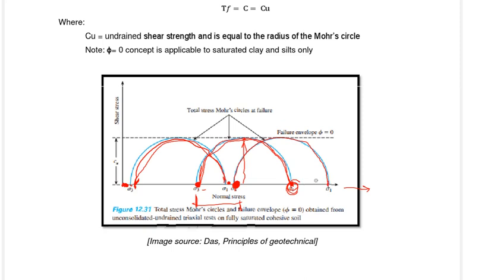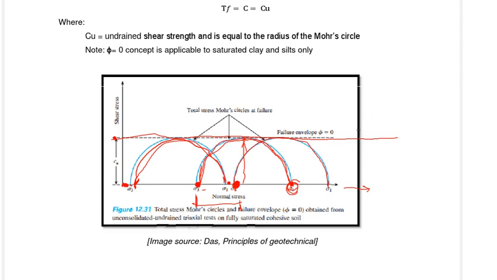For this test, we will have a slope of 0 because they are all the same, we did not gain any strength. So the failure envelope will be horizontal.